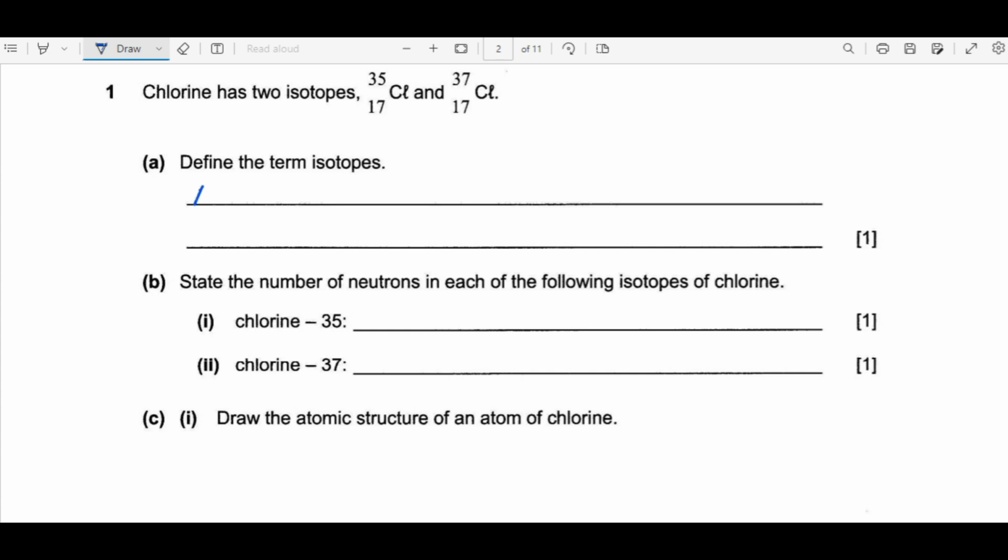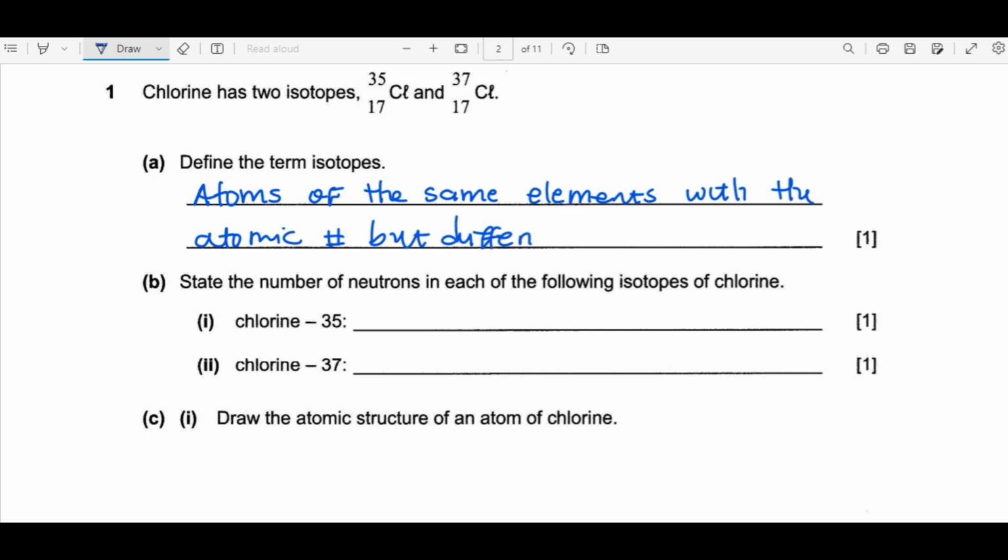So we'll say atoms of the same element with the same atomic number but different number of neutrons.